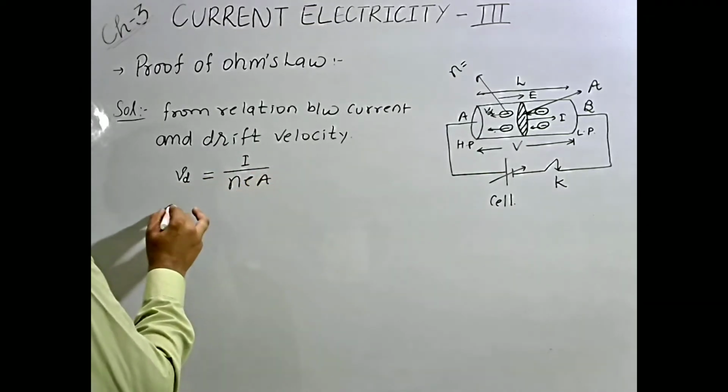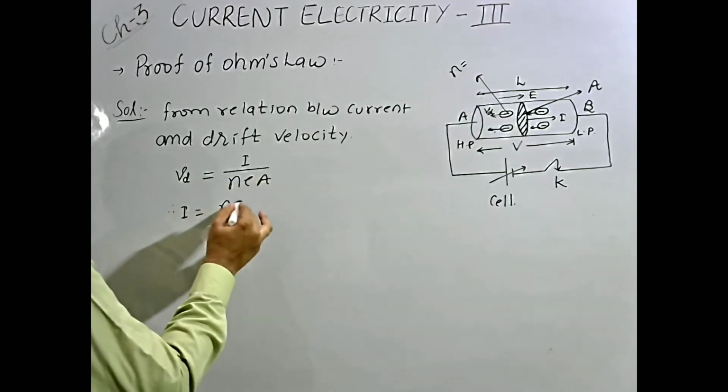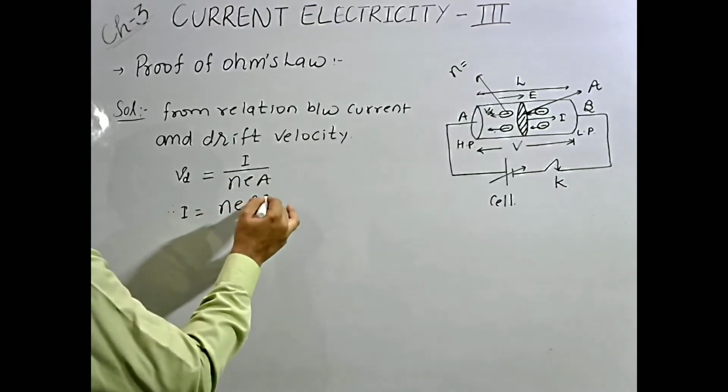So therefore current I is equal to nEA into Vd.